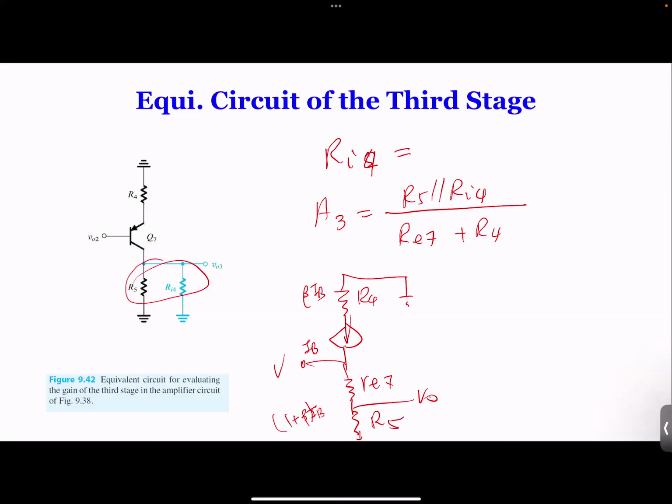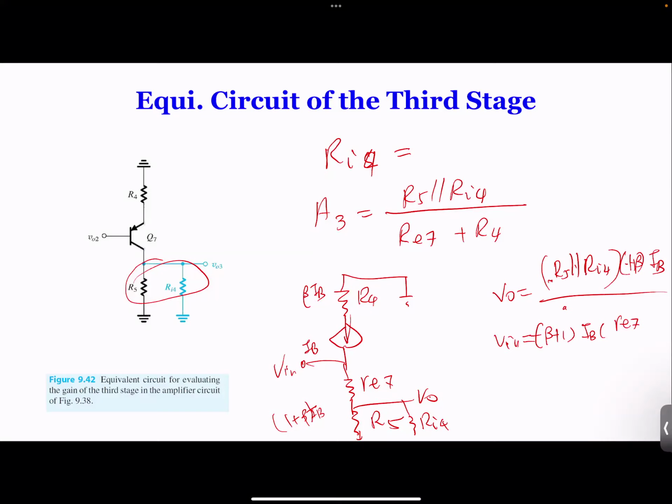Then you can write VO equal to R5, oh, R5, there's also Ri4, so VO is R5 in parallel with Ri4, times (1 plus beta) times IB. So that's your VO. And your VIN, see here, is (beta plus 1) times IB times (RE7 plus the other two in parallel).